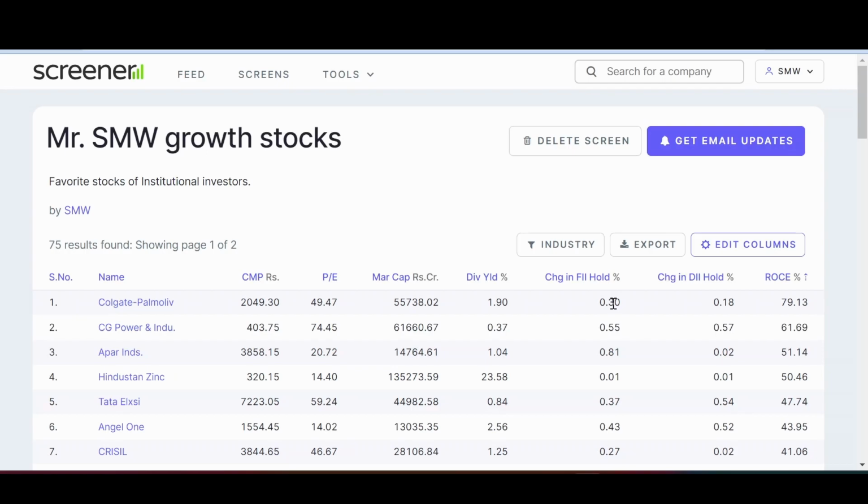We should not look directly at this percentage, because this percentage is based on the market cap, so we also need to calculate based on the market cap. That's why we are interested in market cap and change in percentage, because the number of shares they hold has increased, and so has the amount of stake. That means they have more conviction in that stock.